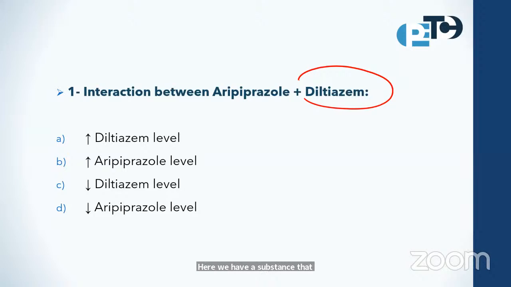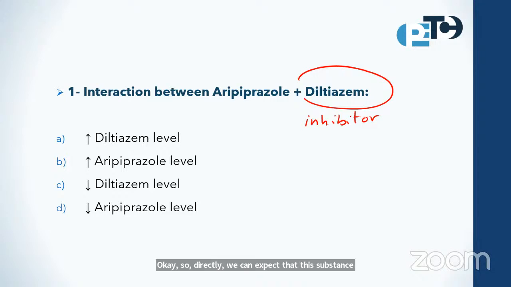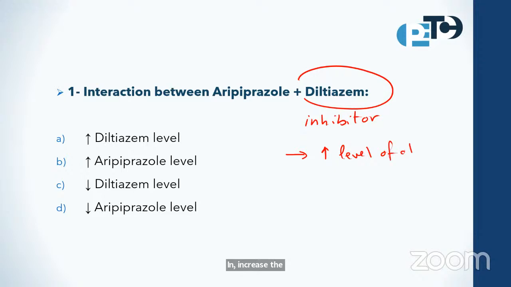It is an enzyme inhibitor. So directly we can expect that this substance will cause what to the level of the other drug? Inhibitor increases the level of the other drug.